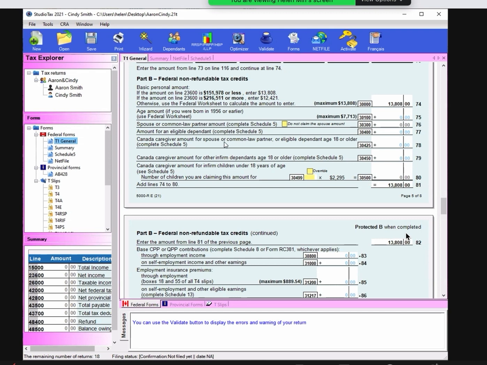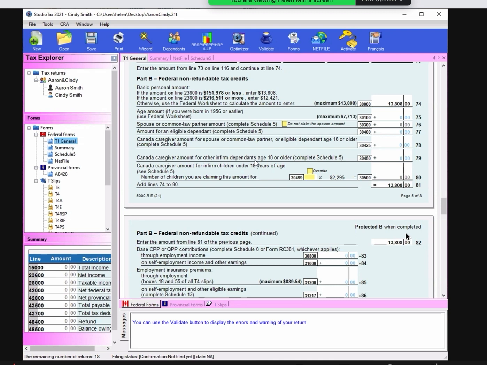Then I'm not able to claim my father as a caregiver amount for other infirm dependent. You understand? Because one person can only be claimed once. My mom claims my father first because they are core family.